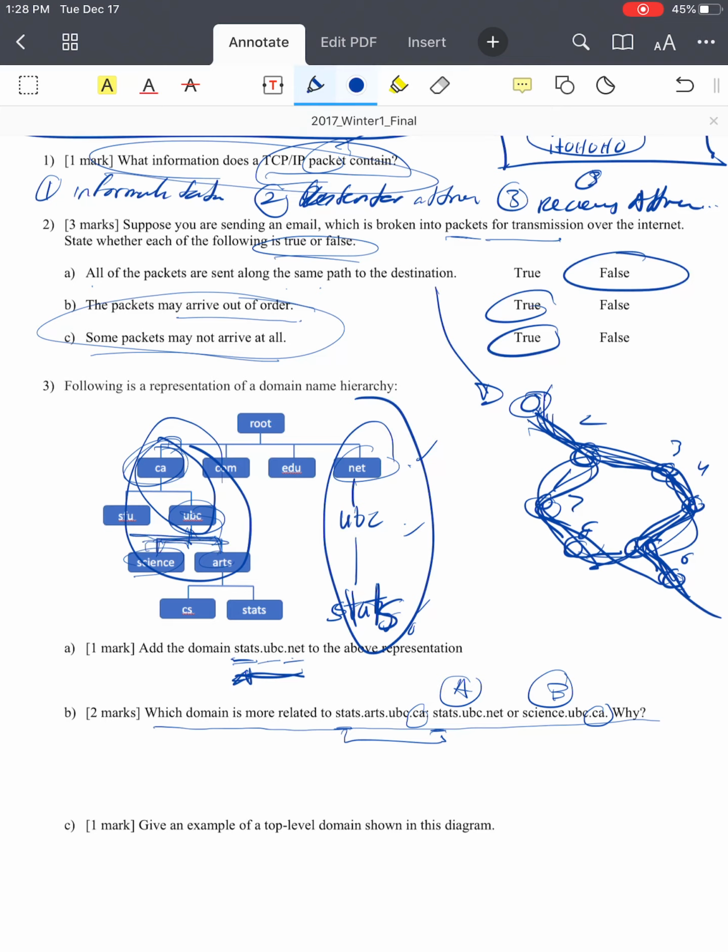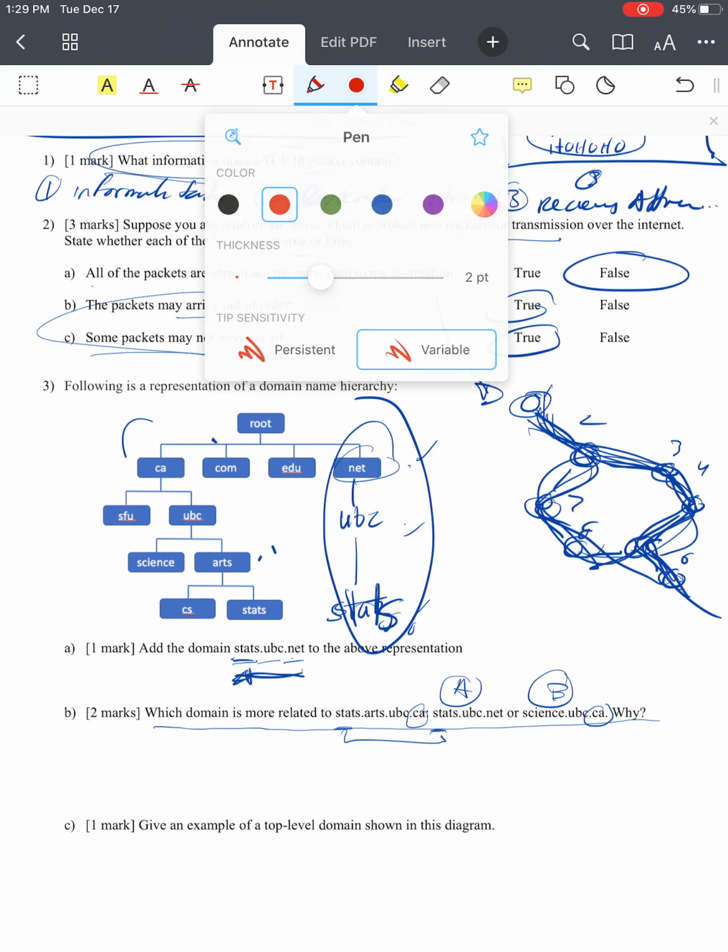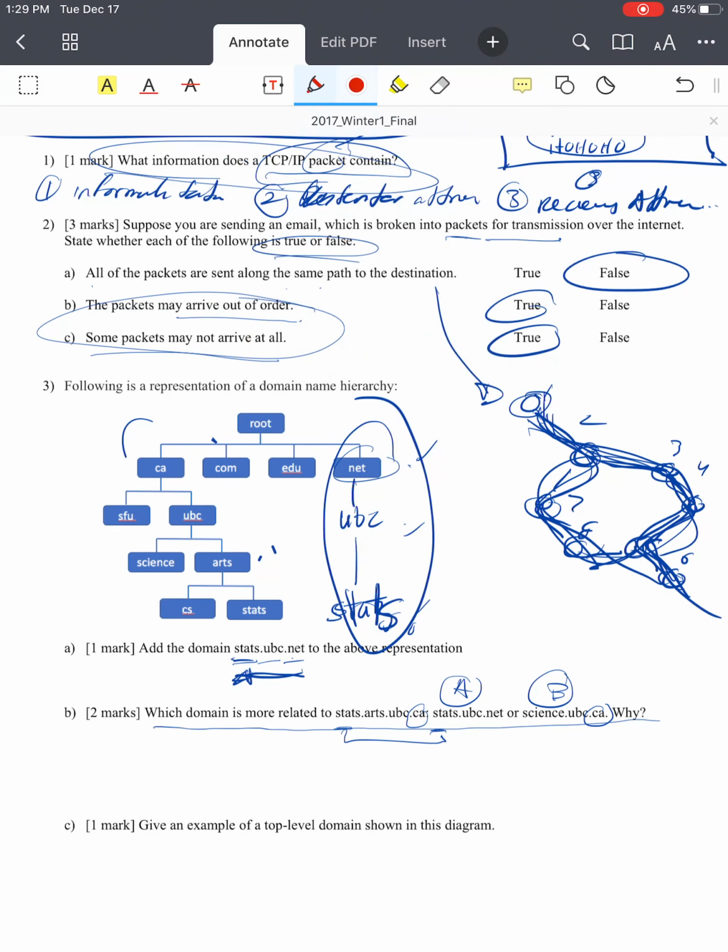So just try to go up the tree and see which stems and which branches they have most in common, which would be arts and science. If that makes sense. Let's make it a little bit neater. Different color.